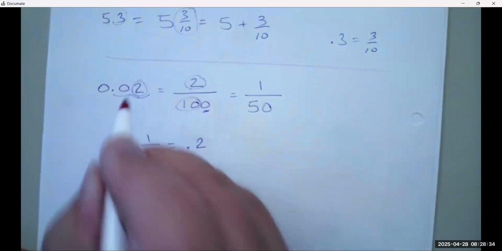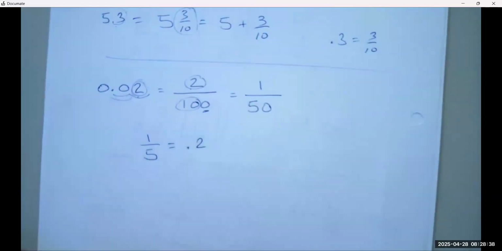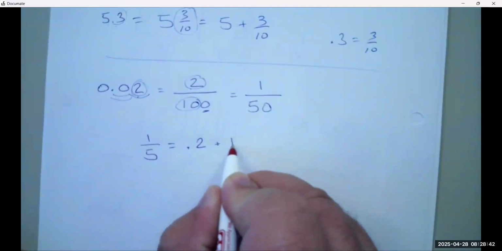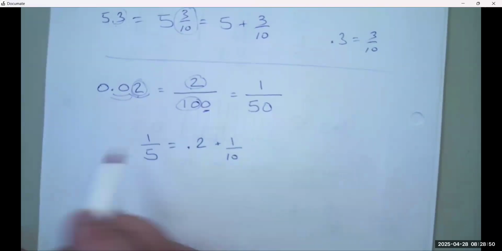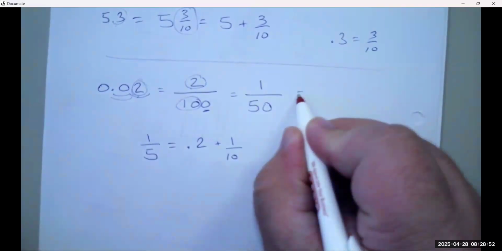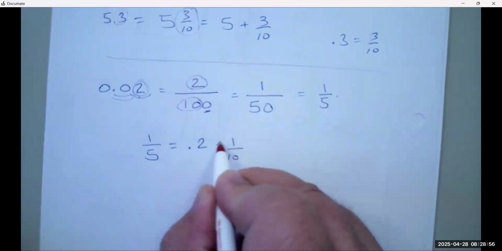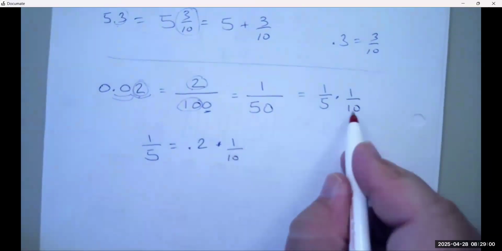There's a 0.2. And what else do we have to do? We have to go one more step further. So we have to go from there. One more decimal place to the left, 1/10. So what we could look at here is we have 1/5, this times plus 50 is made up of 5 times 10.